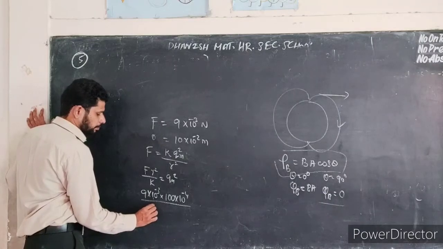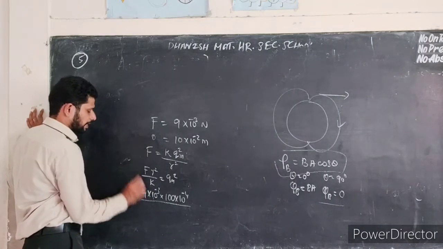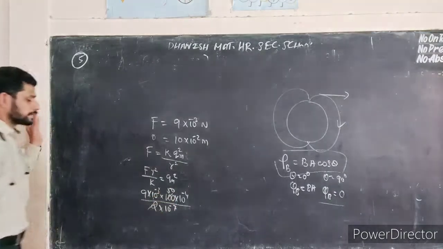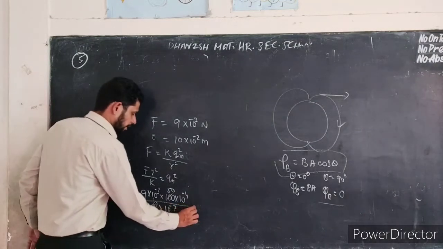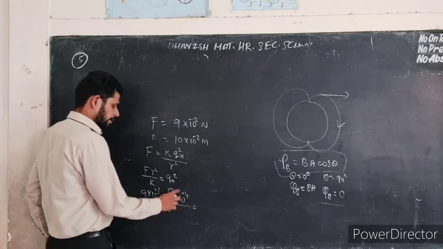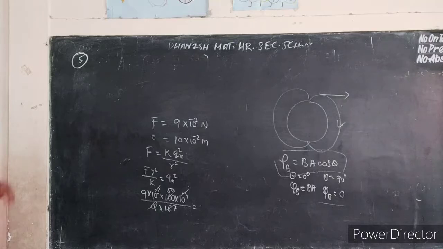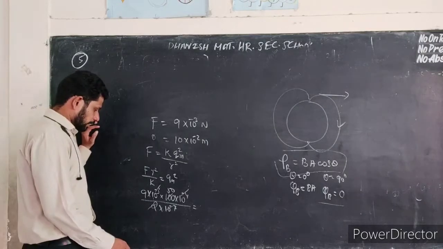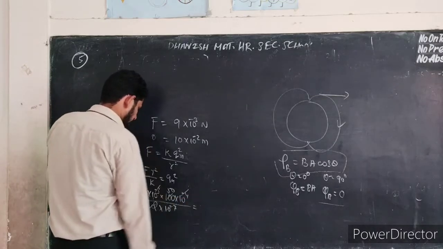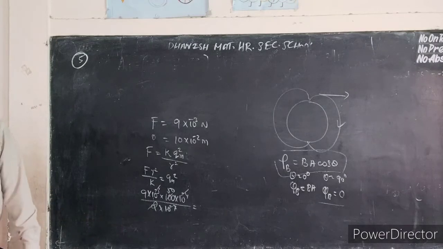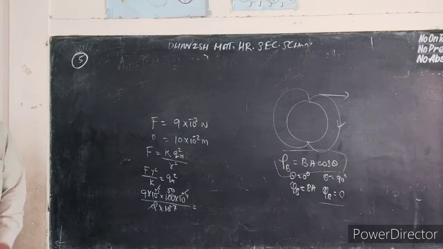Mu naught by 4 pi, which is 10 power minus 7. So the answer is 30 Newton per Tesla.